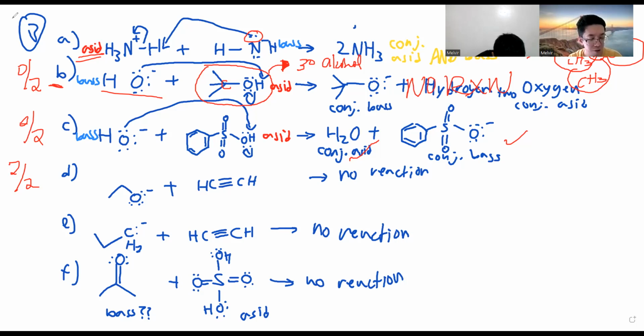What's your answer? Acid-base lang ito. Just identify, Josh, kung sino yung acid and base. Depende yan sa sagot mo kung maminusan kita or hindi. Nabigyan na kita ng 2 out of 2 pero burahin mo muna. Kasi tama ka, no reaction yan. That's a no reaction. Which one is the acid? Which one is the base?